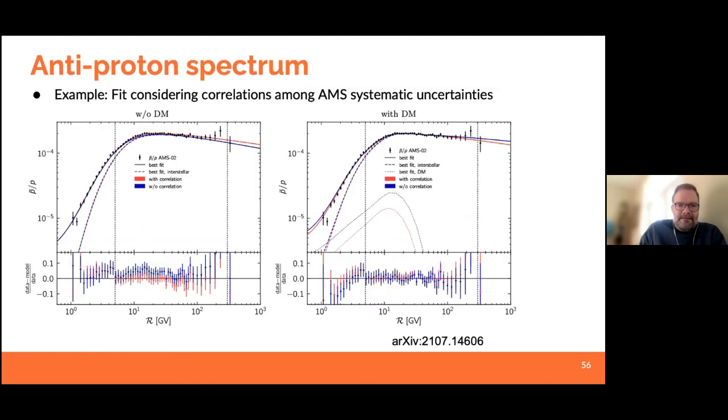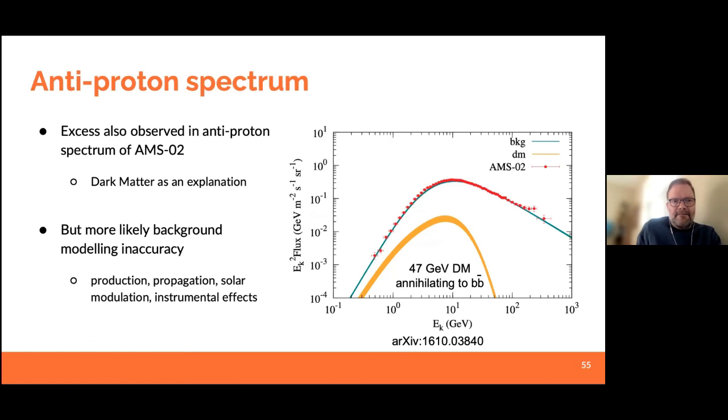Then the next thing is the antiproton spectrum. And again, AMS observed a slight increase here in the rate of antiprotons compared to the expected background. It's hardly visible in this plot here, but in this range there is a bit of an excess. The size of the excess is much more in line with what you would expect from dark matter annihilation.